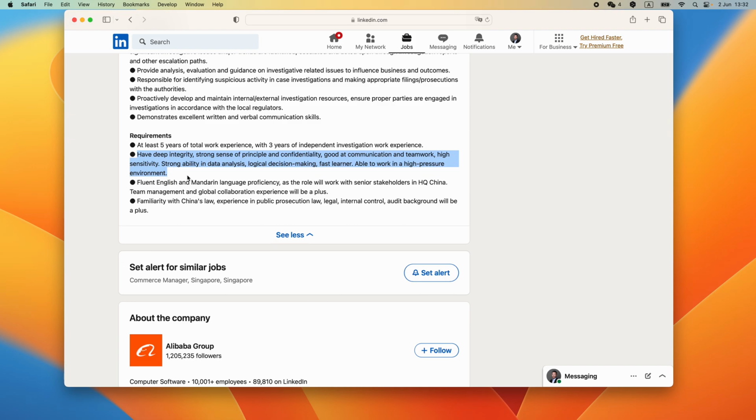High integrity, a strong sense of principle and confidentiality, good at communication and teamwork, high sensitivity, strong ability in data analysis, logical decision making, fast learning, able to work in a high pressure environment. So I think this is not a technical position.